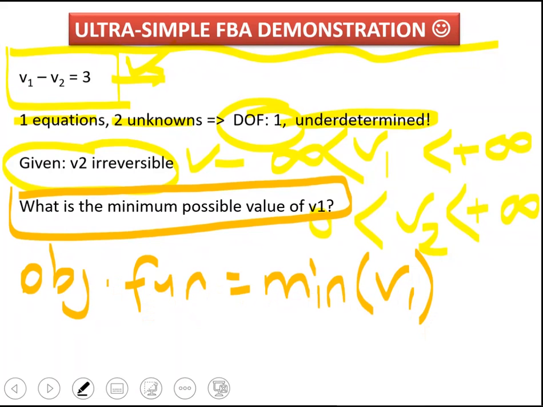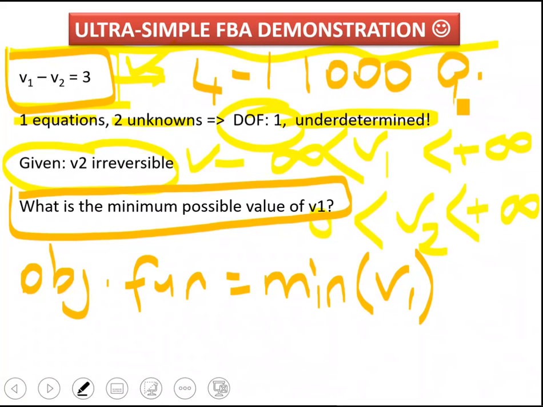We have one equation, two unknowns. So we have many solutions that can satisfy this equation. For example, V1 can be 4, V2 can be 1, which will make 3. V1 can be 1000, V2 can be 997, and you can write many other alternatives, right?